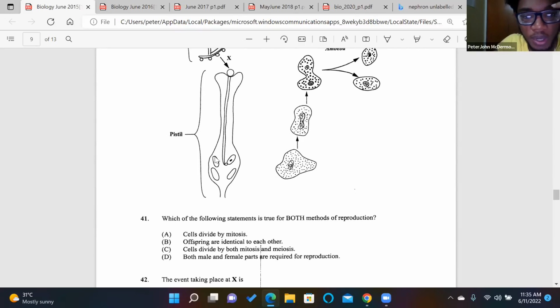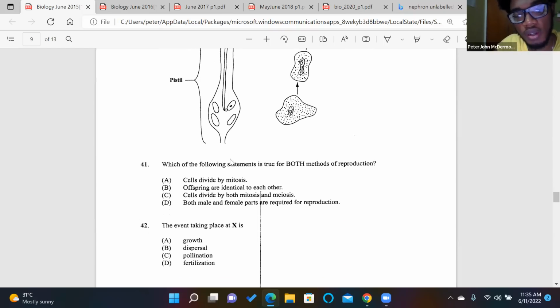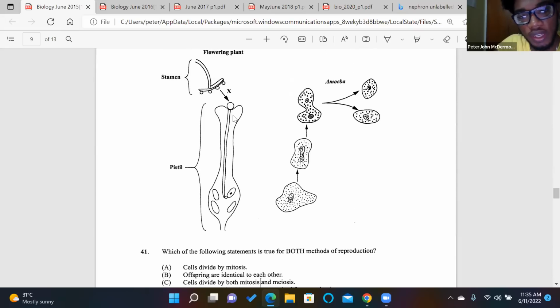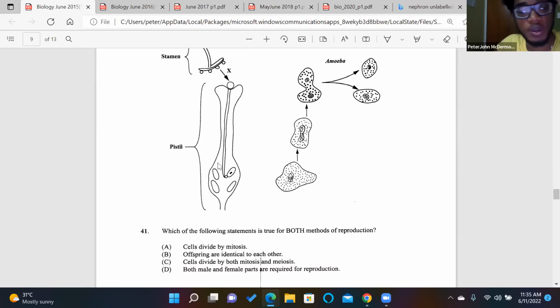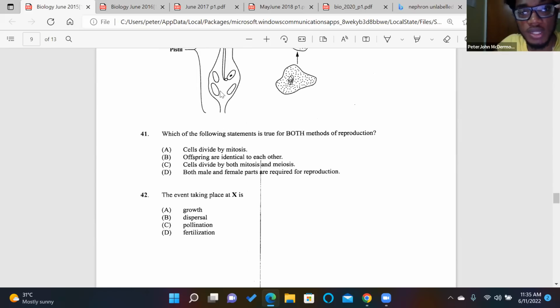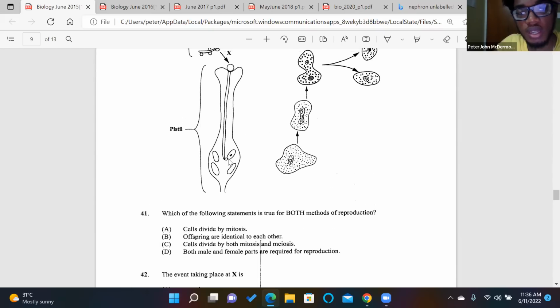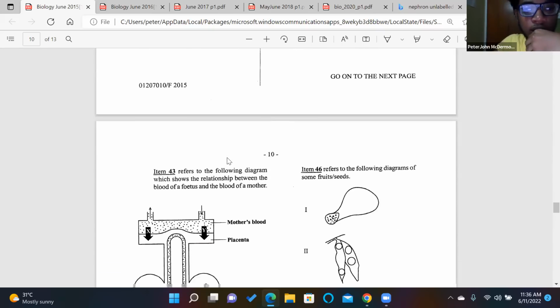So is this the pollen tube that has grown down and actually fertilized the ova, or is this just the start for the pollen to go down? That's why I don't like these diagrams. I think I would go with fertilization, but I'm not so sure, because you can see some interaction occurring down here. Oh no, you can see this and this. So yes, I'd probably go with fertilization here.